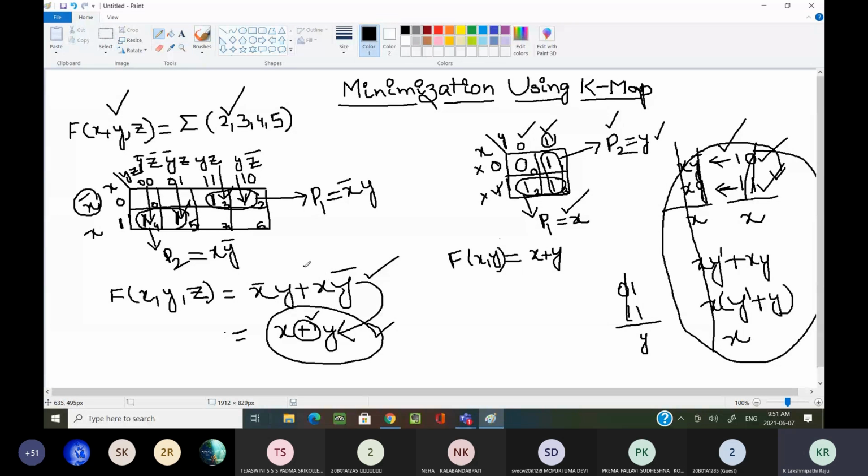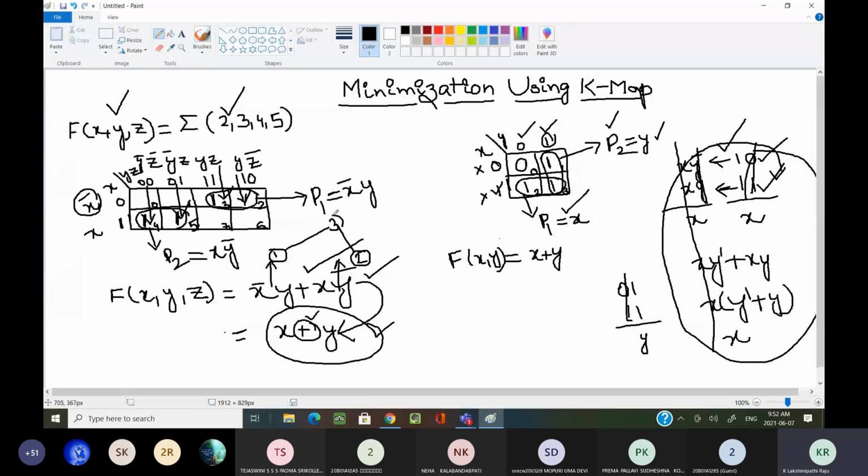If you are designing a logic circuit, how many gates are required here? One AND gate here, a second AND gate here, and finally, in order to combine these two terms, I need a third OR gate.